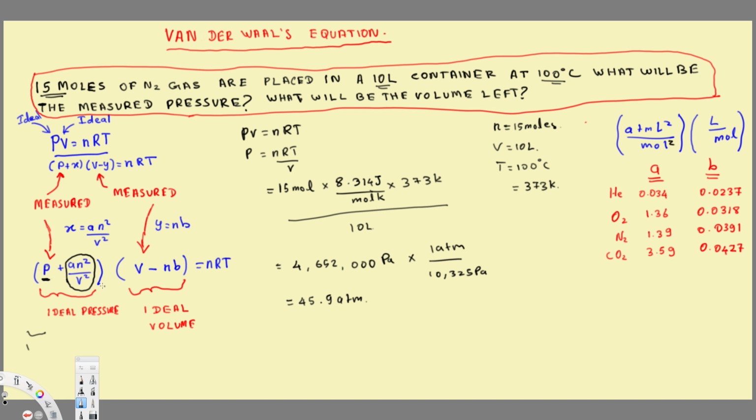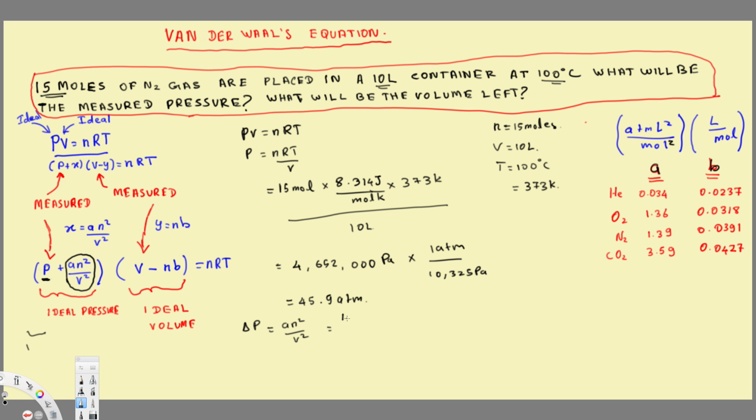Here we have to know the a value for nitrogen gas. In the list we have the a values and the b values, and for nitrogen, a is 1.39 atm liter squared per mole squared. So that's what I'm going to use right here.